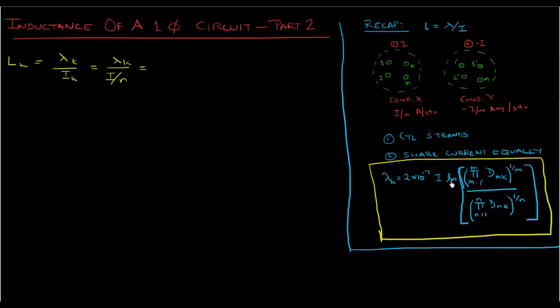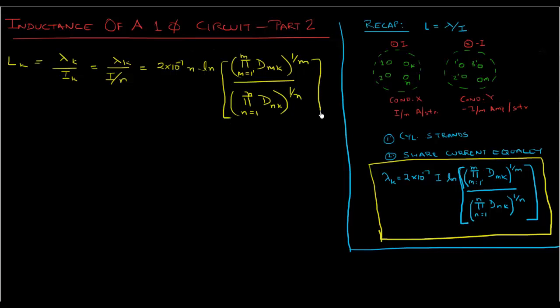If we put this in for lambda_k, I and I cancel out and n comes to the numerator. So we have 2 × 10^-7 times n times ln of the product for m from 1 prime to m of D_mk to the power 1 by m, over the product for n from 1 to n of D_nk to the power 1 by n, and all of this is in the ln function.